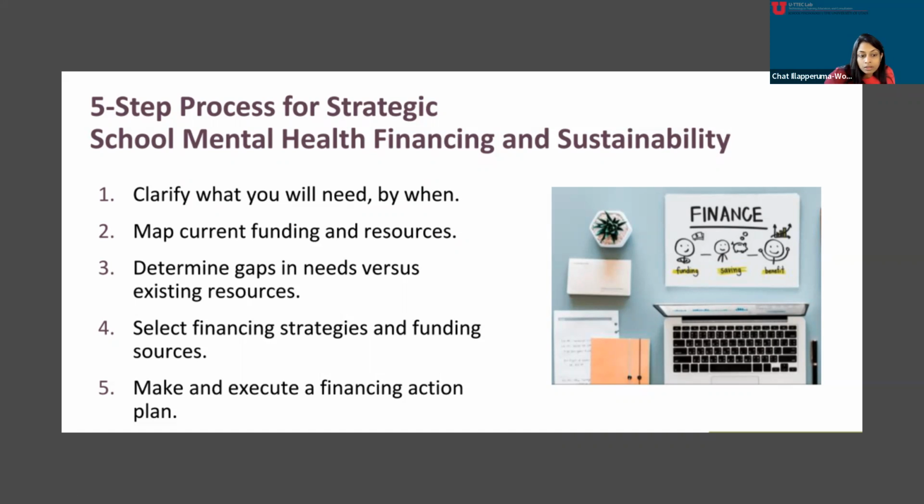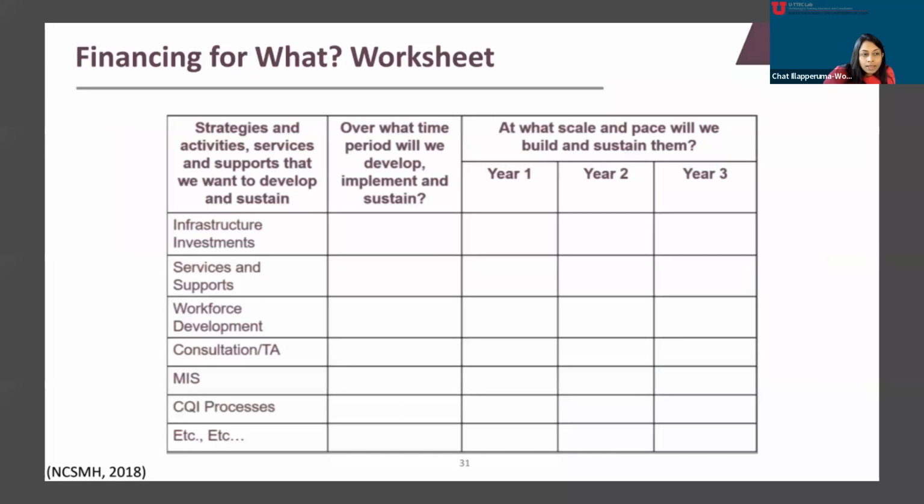Okay. So the first one is clarify what you will need by when. And this is a very brief worksheet that helps you orient what you have, what you need, and by when. If you look at the first column, strategies and activities: services and supports that we want to develop and sustain.